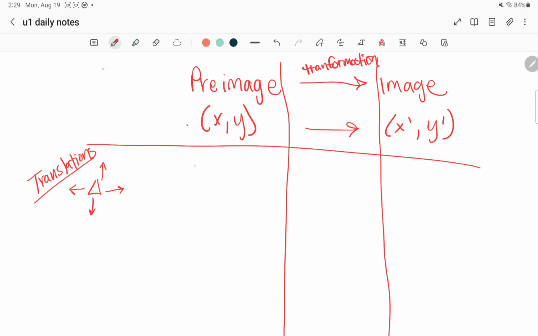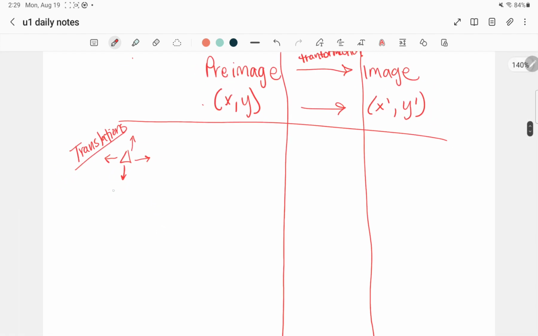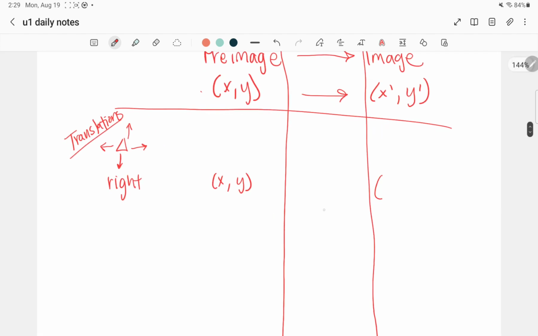So if I want my translation to move to the right, my pre-image is always going to be x comma y, and my image, or my rule, we'll put it over here, is going to be x plus a number, the y value. That's if I want to go right.